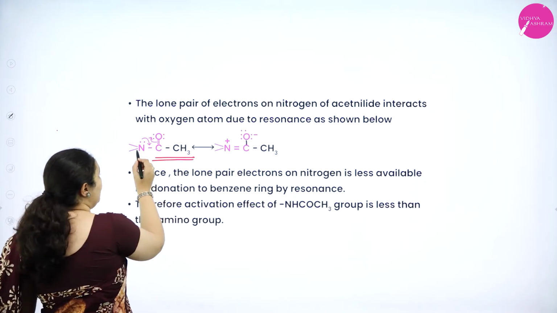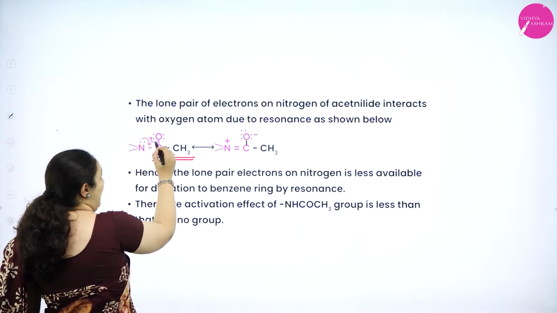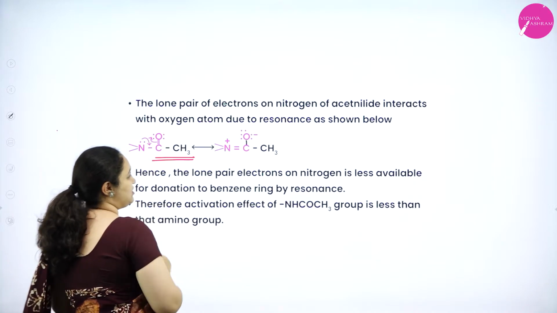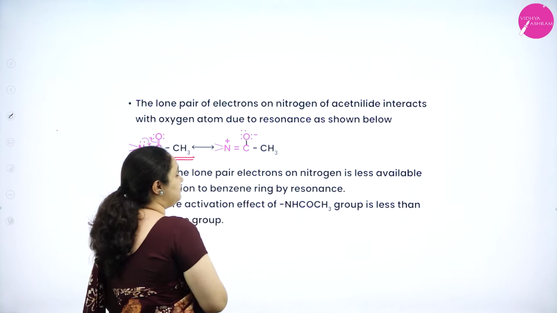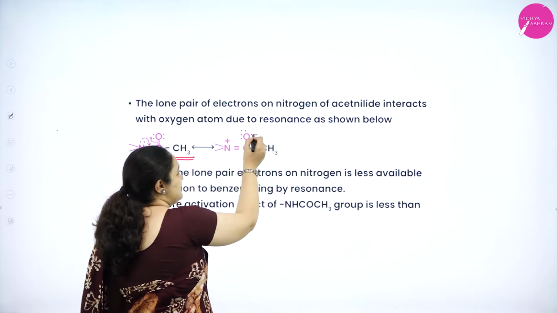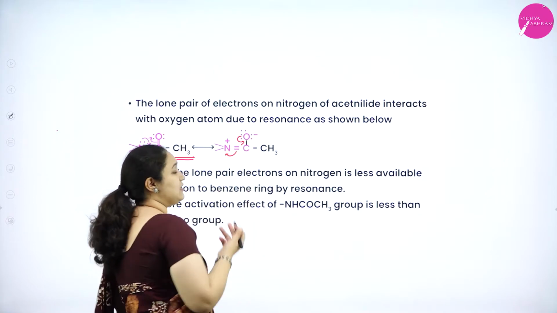Now you can see here the nitrogen's lone pair of electrons will form a bond and the bond will go to the oxygen as charge to form O minus and N plus with a double bond. Further, again resonance stabilization, that is, this will again form a bond and the bond will again go back as charge.